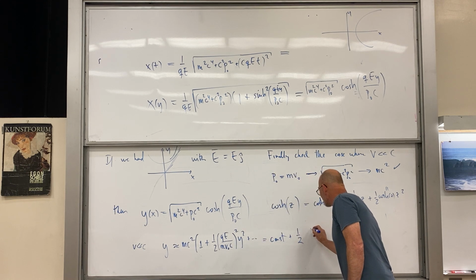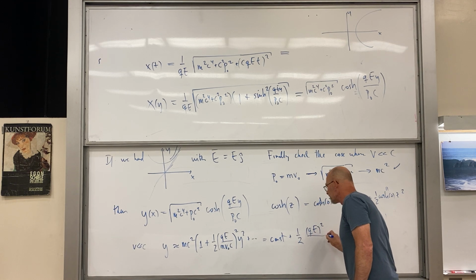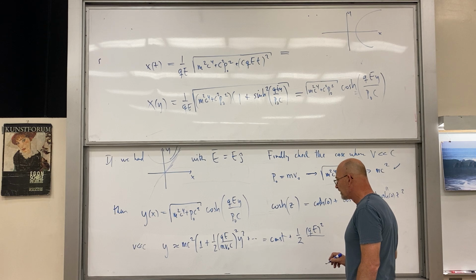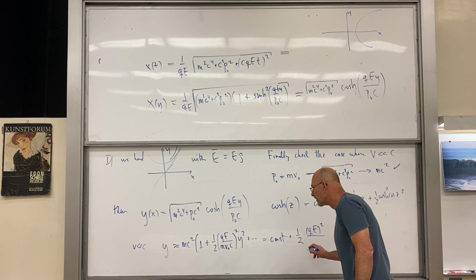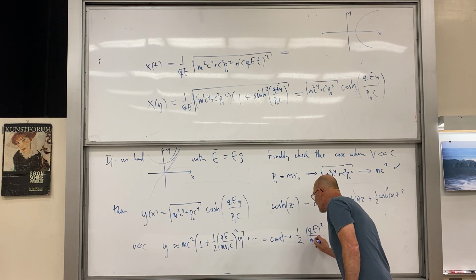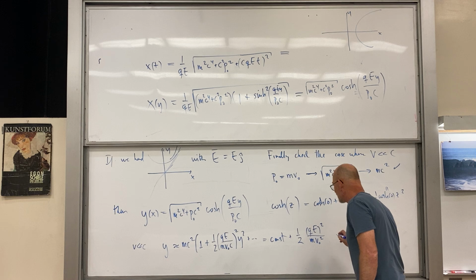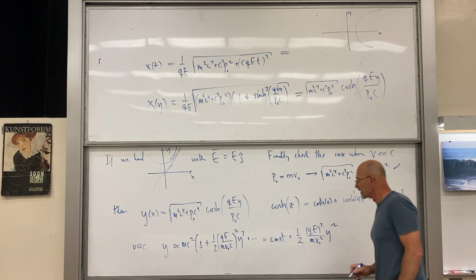So 1/2 q E squared over m v0 squared y squared.